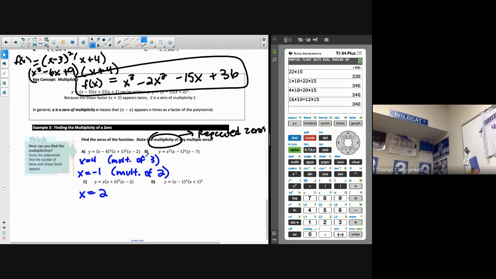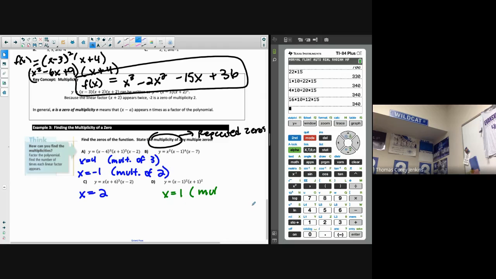Okay, so I'll just do another one real quick. Just skip to D since we can kind of see that one. We'd have x equals 1, and that has a multiplicity of 2. And we have x equals negative 1 with a multiplicity of 2.